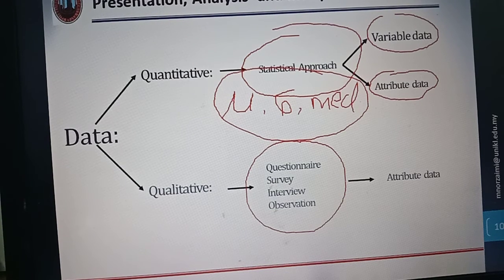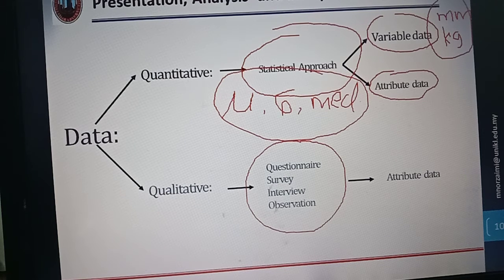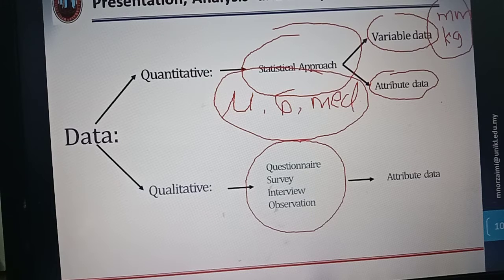For example, we can measure in mm, we can measure in kilogram, any data that has a unit. So this is categorized under variable data. For attribute data, normally we are counting pass, fail, go, no go, NG. So this is the attribute data.